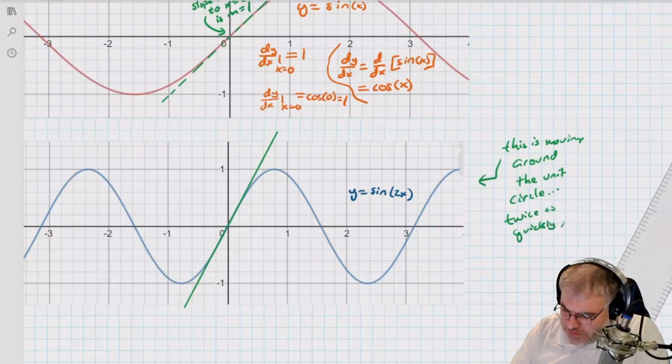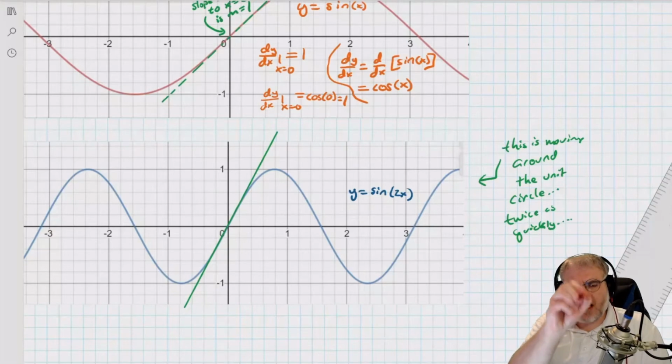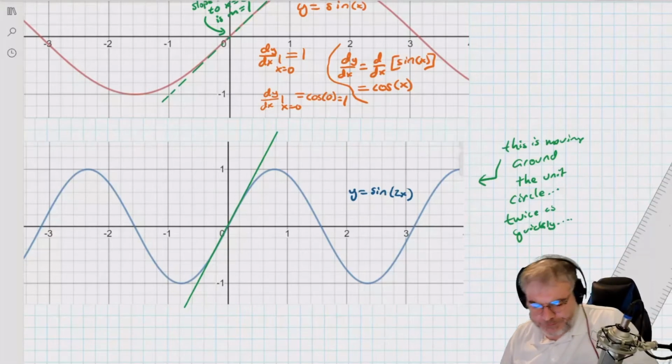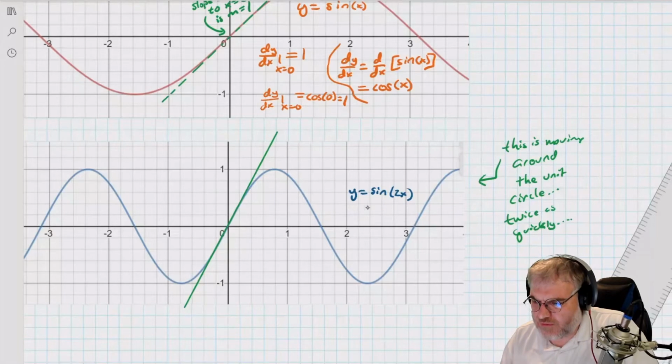The sine, of course, measures the movement around the unit circle. So on one of them, I'm just kind of going slowly, and on the other one, I'm going much faster as I go around. This runner is essentially running twice as quickly as this one.